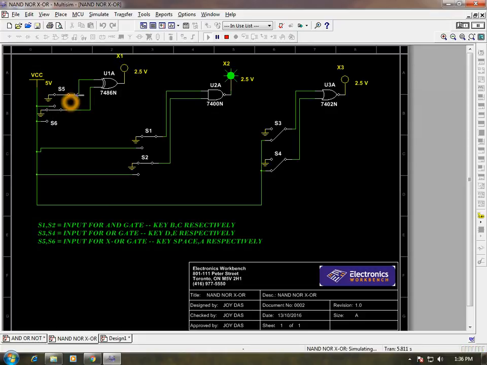And if I throw A again, the output is low. As you can see, whenever I am pressing 0 and 0, the output is low, and whenever I am pressing 1 and 1, the output is low. So it goes high whenever we have dissimilar inputs. That means it checks for an odd number of ones. Whenever an odd number of ones arises at the input side, it detects it and goes high.